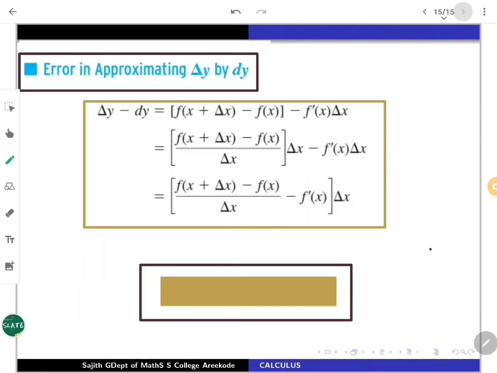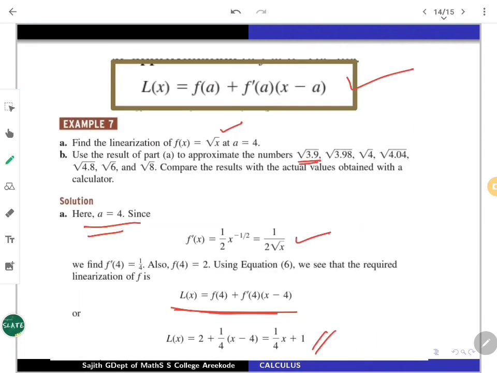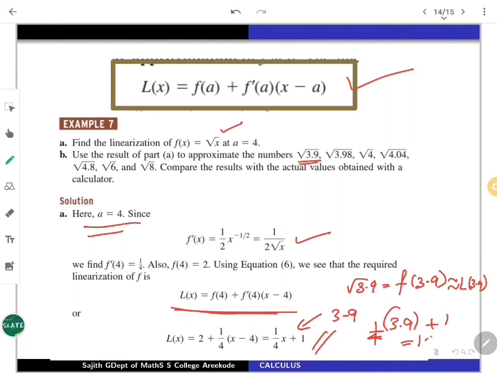How will you evaluate that? f at 3.9, which we are interested in, can be taken as L at 3.9. Simply put 3.9 in this formula, that is 1 by 4 times 3.9 plus 1, which approximates to 1.975. So that gives the approximation.